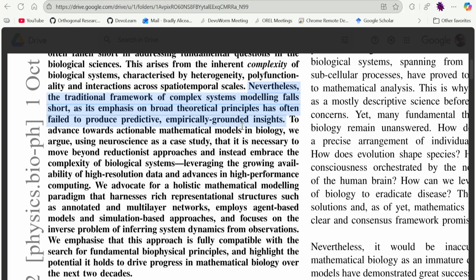Some of this is due to a lot of these models being very generic. So we can apply, say, a complex adaptive systems model or a network science model or some other model of emergence to many different types of systems. And they describe the properties of those systems.